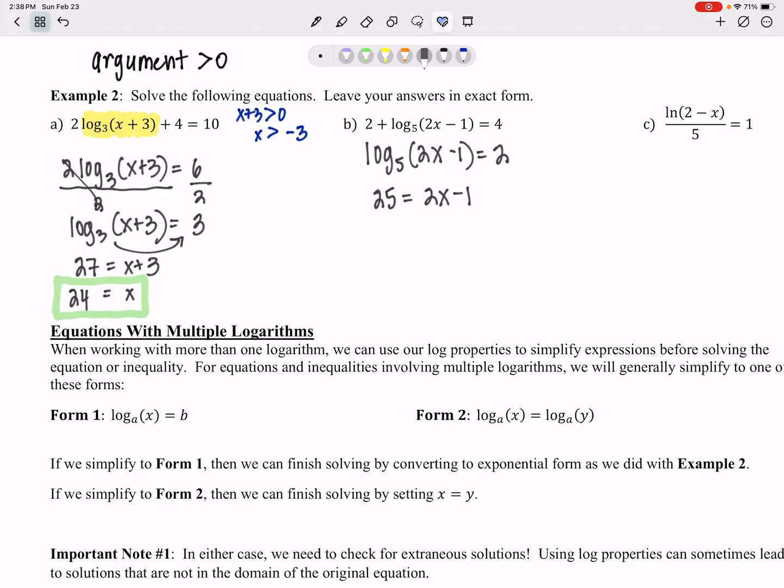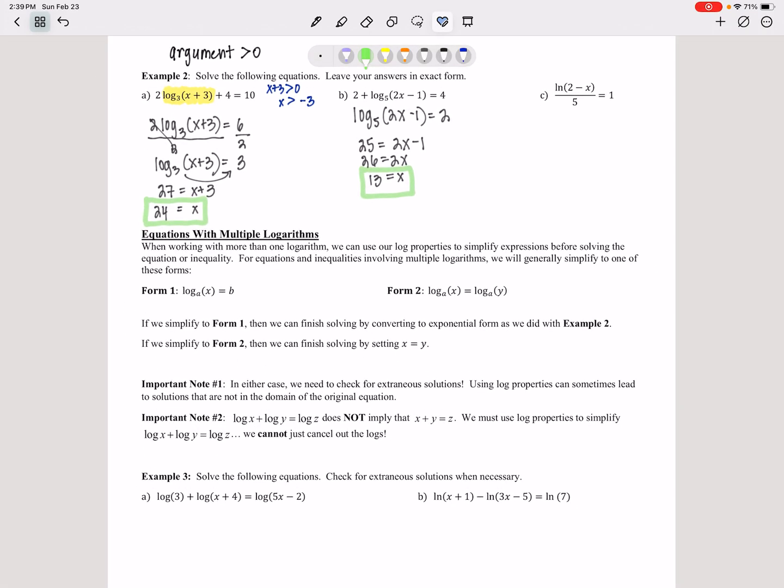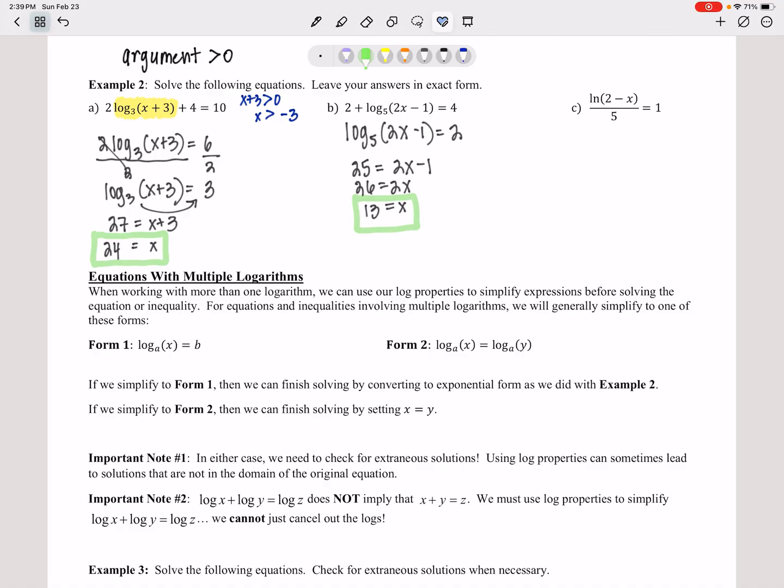I add 1, I divide by 2, and then, if I did not take that argument as greater than 0 and solve, I can always check at the very end to make sure that my answer is not extraneous by putting the 13 back in. 2 times 13 is 26. 26 minus 1 is 25, which is greater than 0, so it does not cause a problem in the argument.